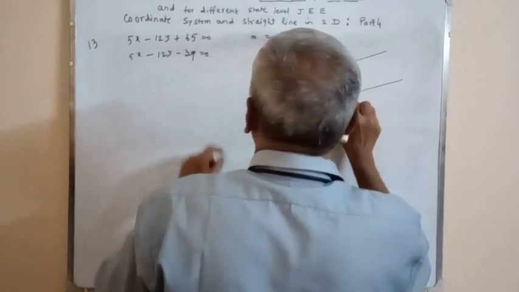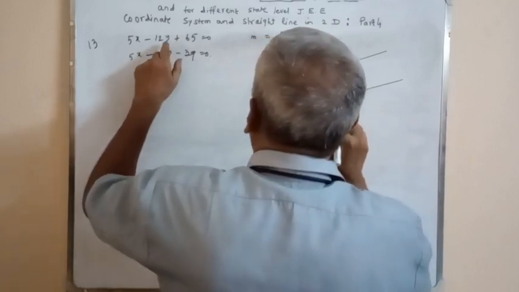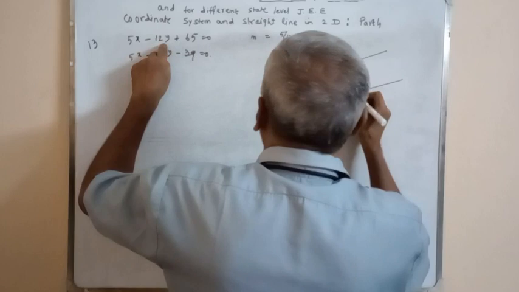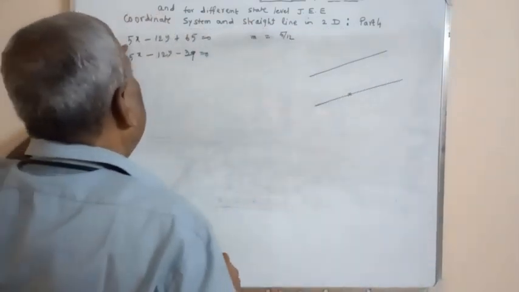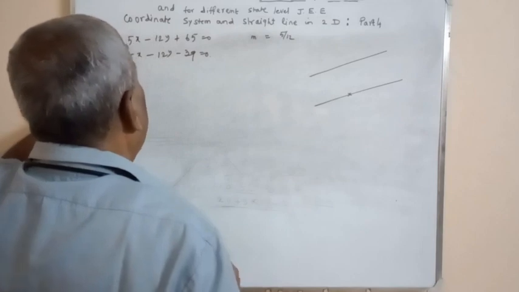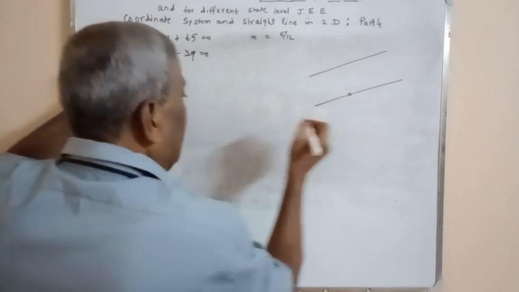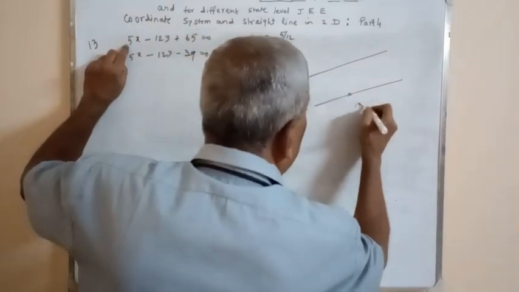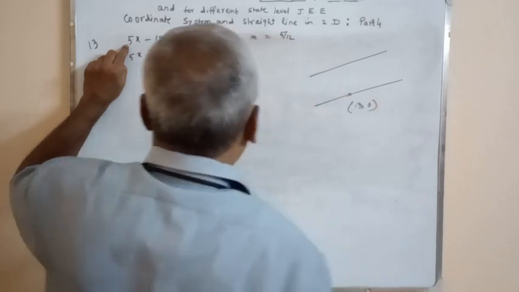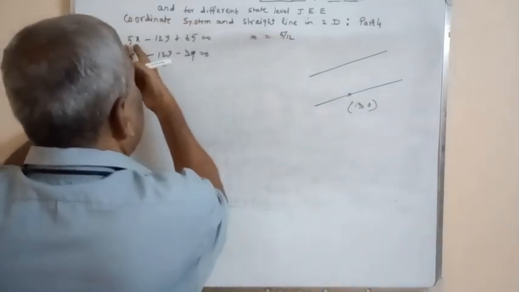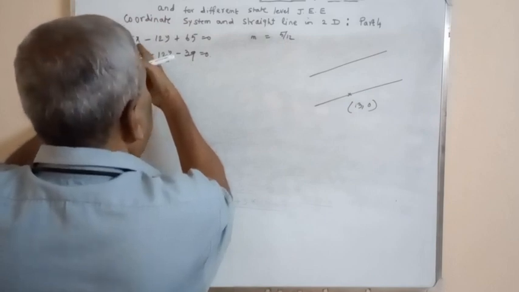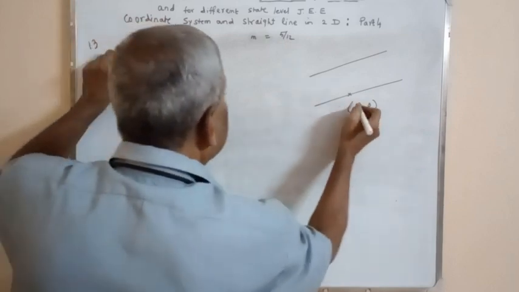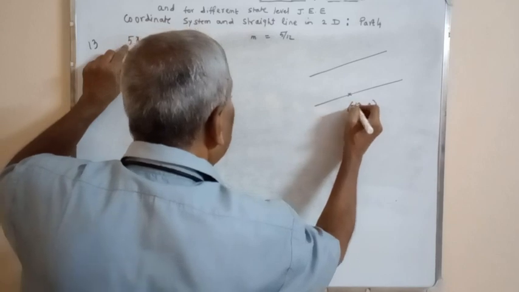Because 5 into 13 is equal to 65, we take 13 comma 0 as a point on it. Oh, minus 13, sorry. This is minus 13.